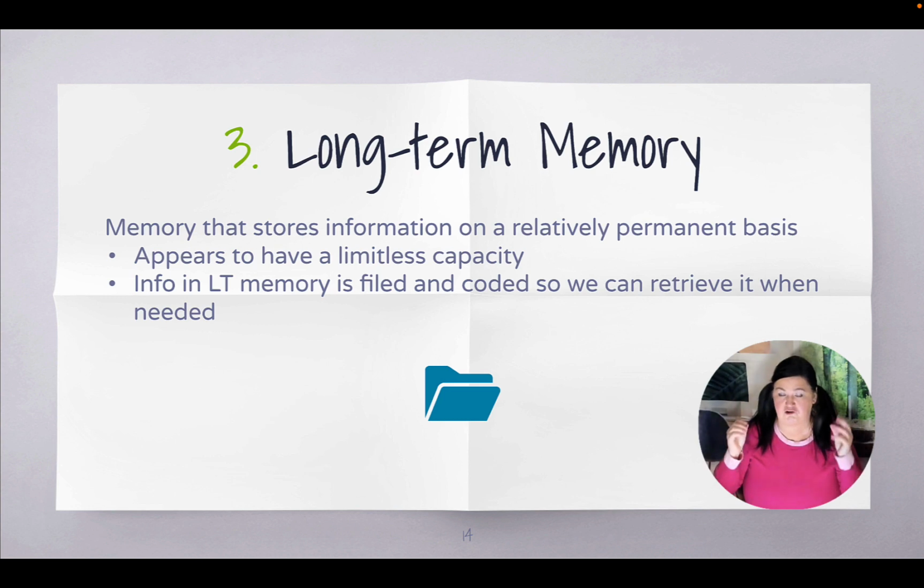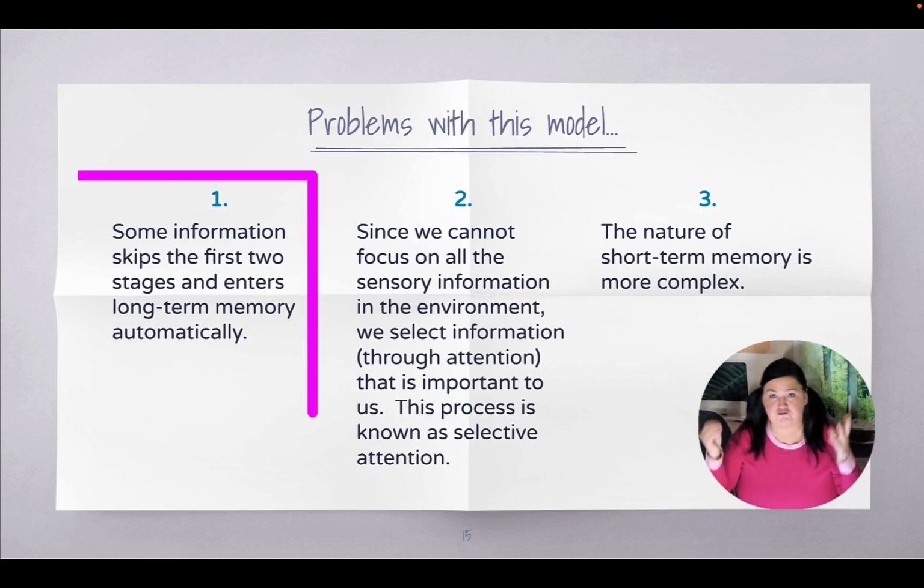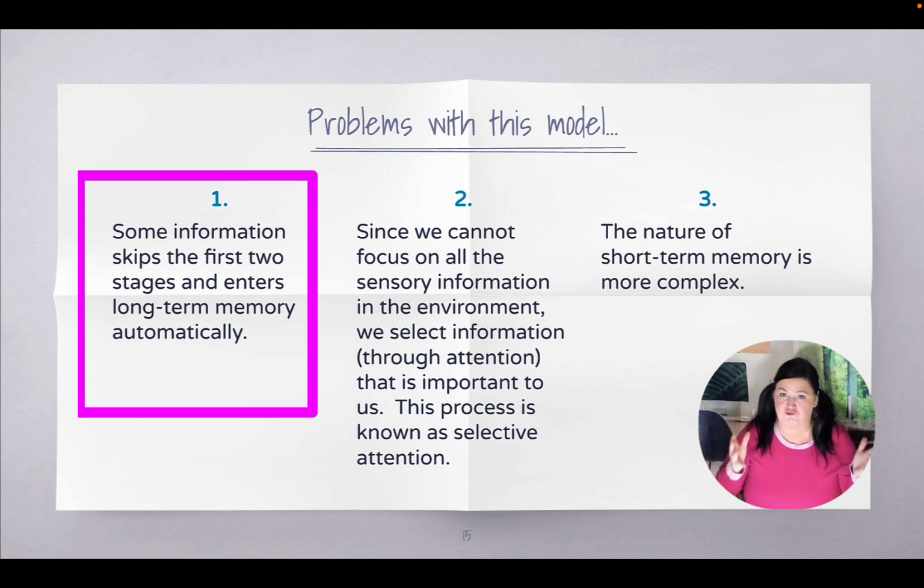This means that there are some problems with this model. First of all, some information skips those first two steps. Some things enter into our long-term memory automatically. Some things we don't even need to pay attention to. They just stay there. Think about the implicit memories of latent learning. For those kinds of things, we're not even necessarily paying attention to them.